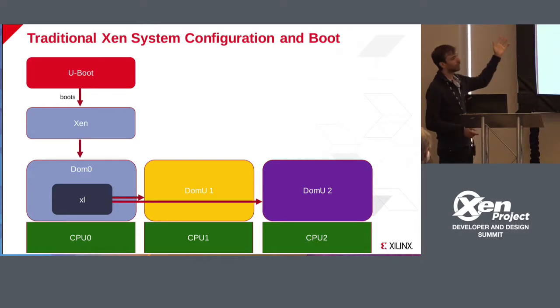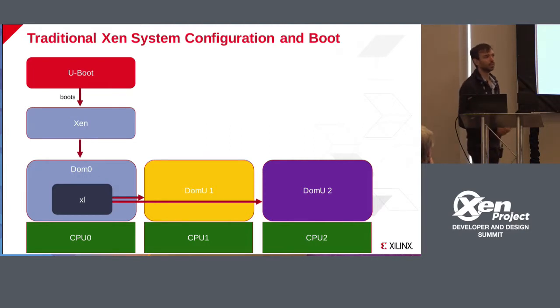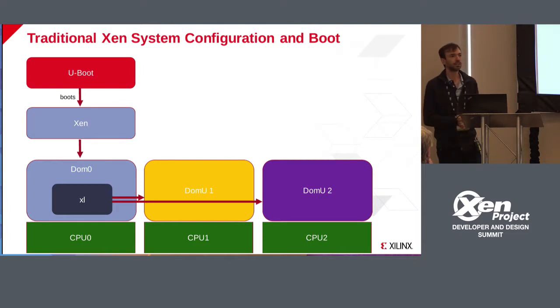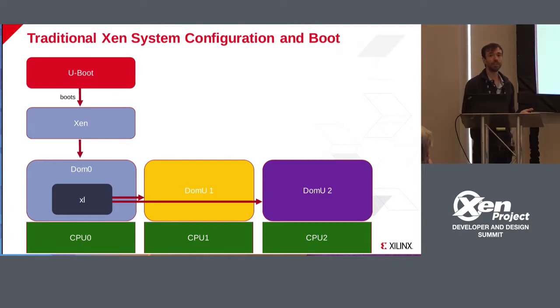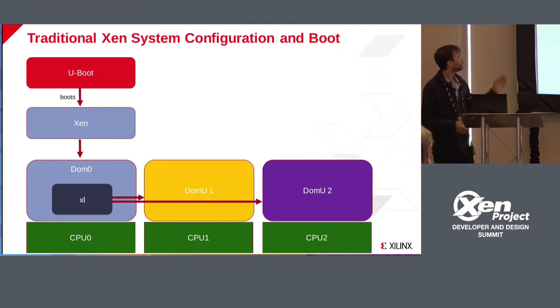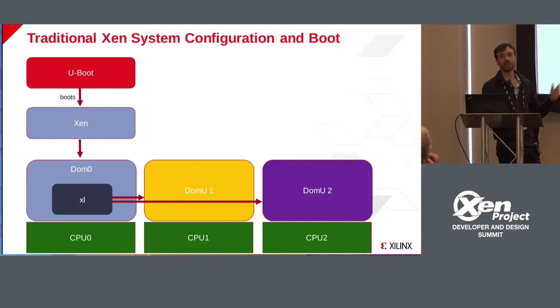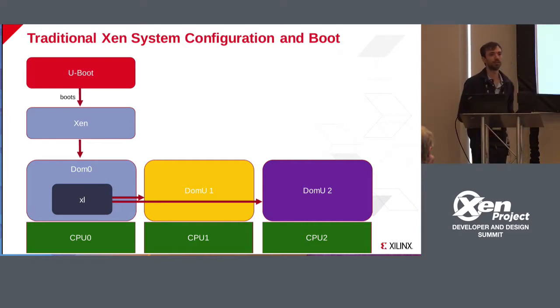So we have the bootloader, U-Boot in this picture, booting Xen, Xen booting the Dom0 kernel, then you get the Dom0 user space up and running, you have init scripts, the Xen services become available, like XenStored and Xen Console D, and then finally you can use xl, the command line tool, to start additional guests, such as the yellow VM and the purple VM in this example.